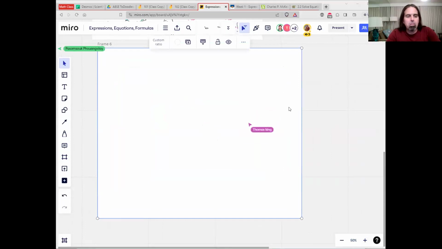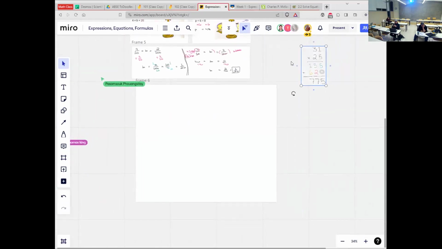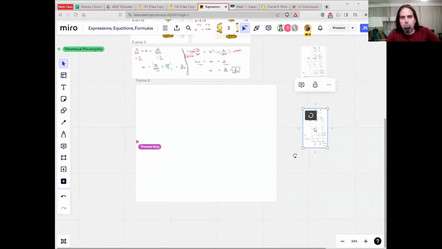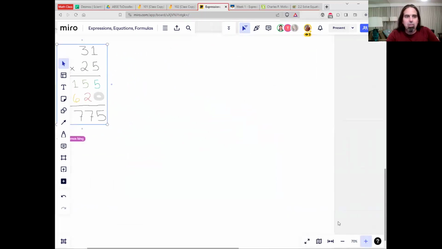Okay, let's talk about rectangles. No, come on, paste. You can paste. There we go. Good whiteboard.